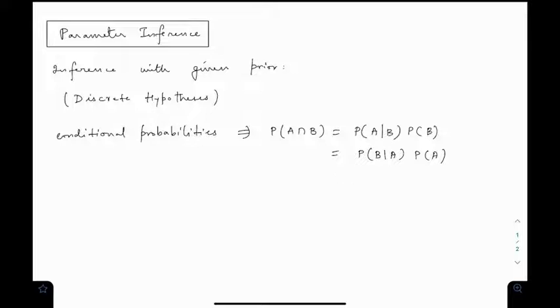So we'll apply this relation to a discrete random variable K, and these hypotheses Hi.